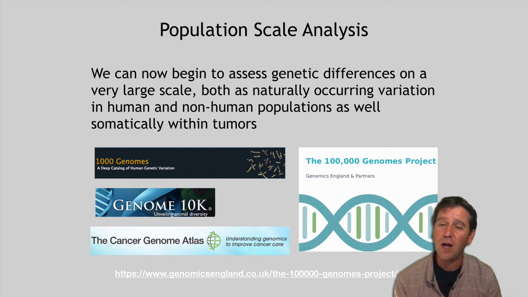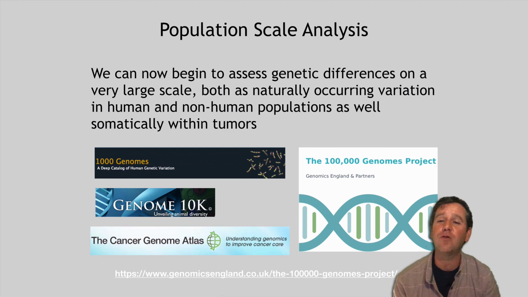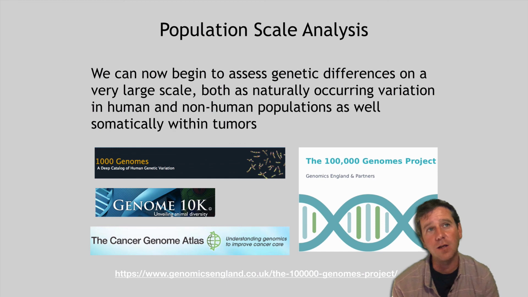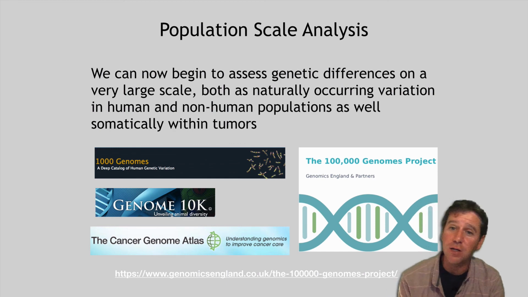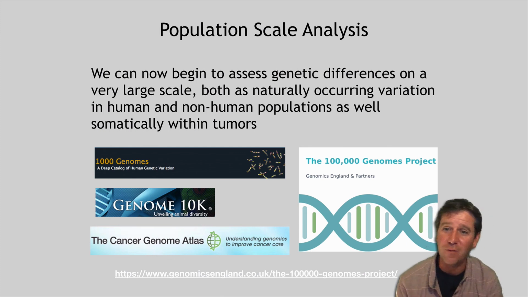But once we have a large number of samples, as we're accumulating from these projects whose splash screens or icons I'm showing, we can start to do cool things. We can start to do real population scale analysis. We can assess genetic differences on this large scale, both naturally occurring variations within human populations and non-human populations, what makes us distinct from other animals, for example, as well as disease states.